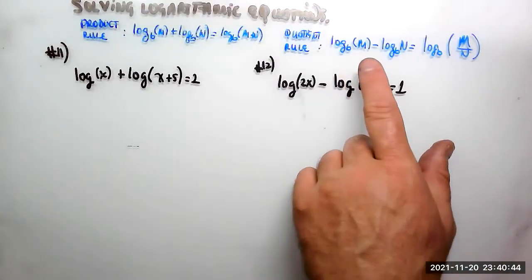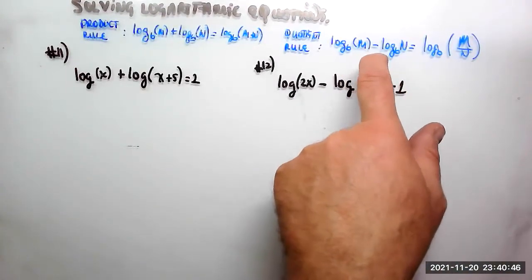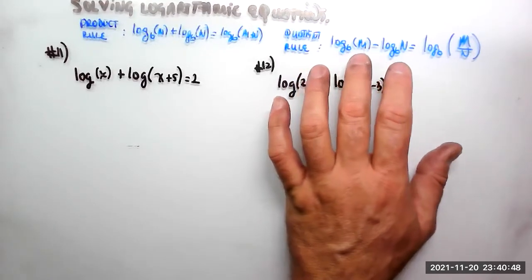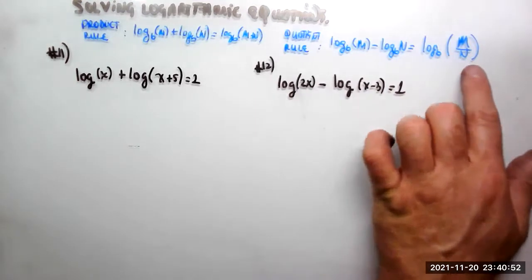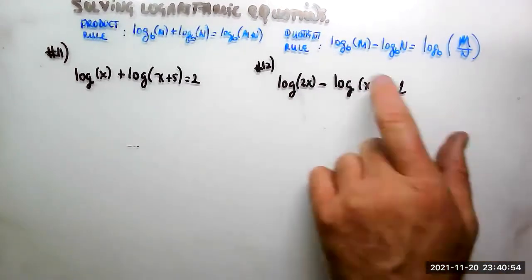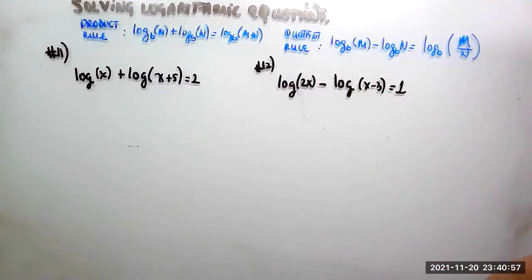Likewise, the quotient rule tells us that when we have log base b of m minus log base b of n, we may divide the arguments. So those will be our 2 rules for the next 2 examples, the product rule and the quotient rule. So let's go ahead and solve this.